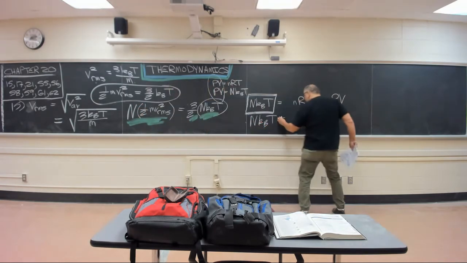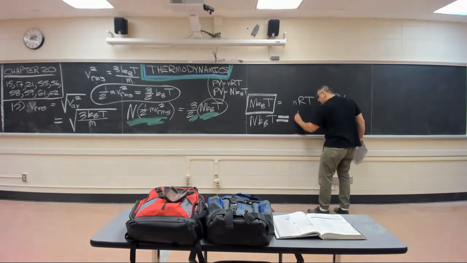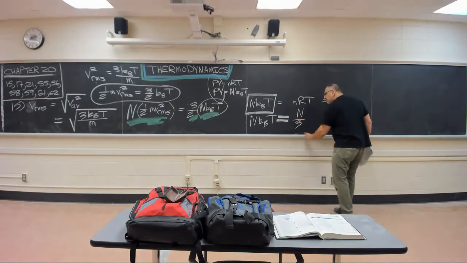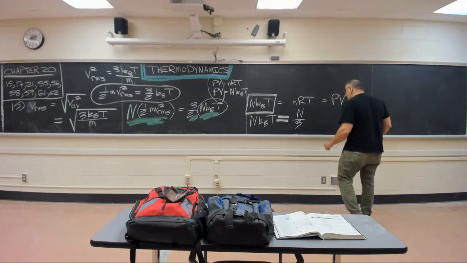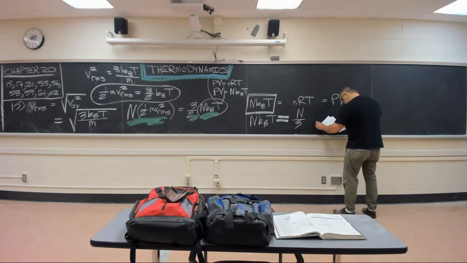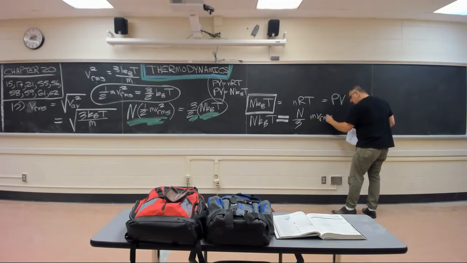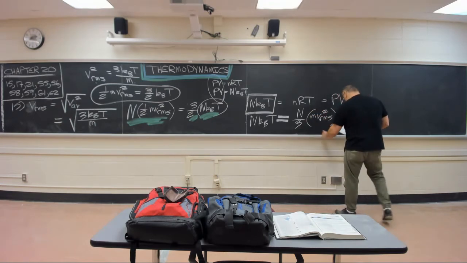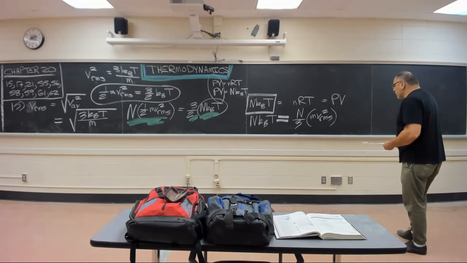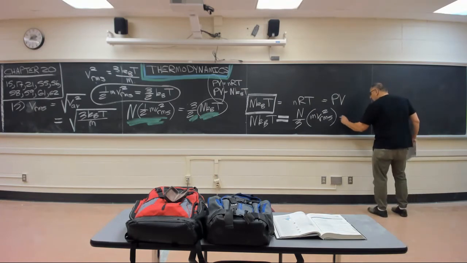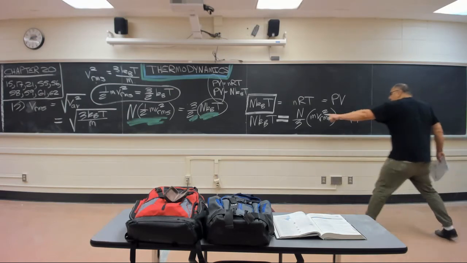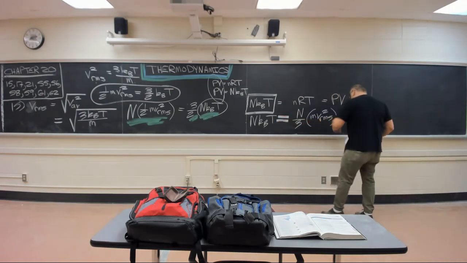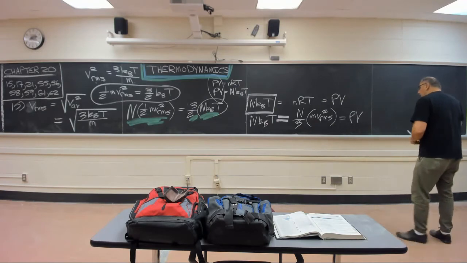You just got capital N over 3, true. And that's equal to PV. We already said that, we said that back here, and we got this, which is kind of interesting.